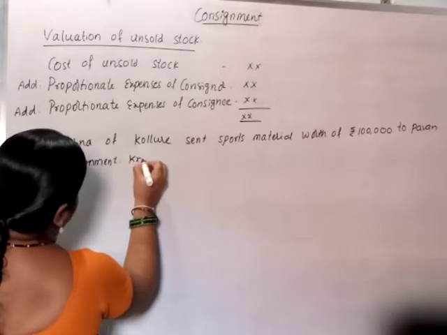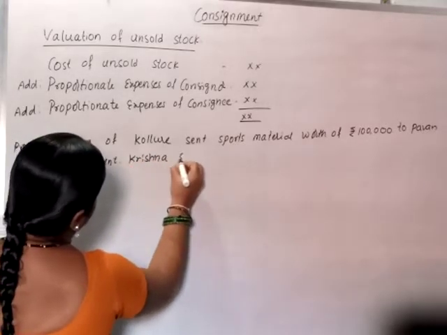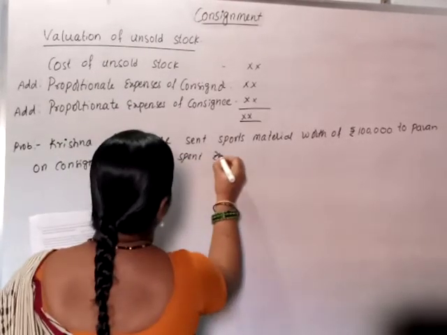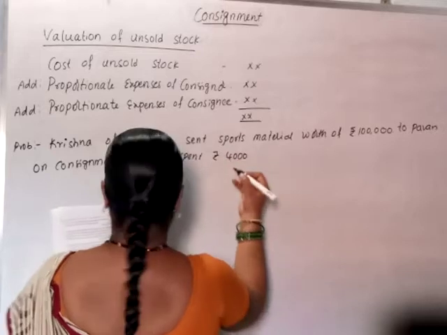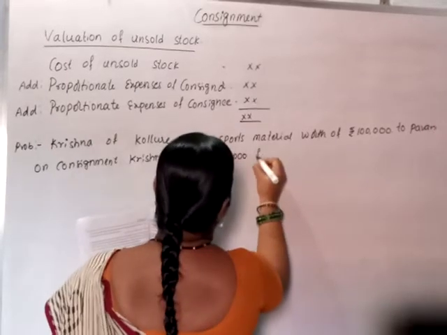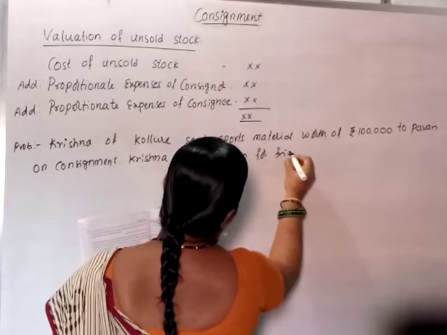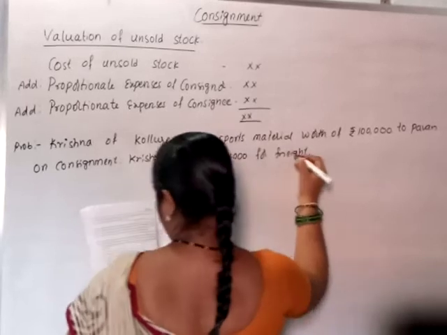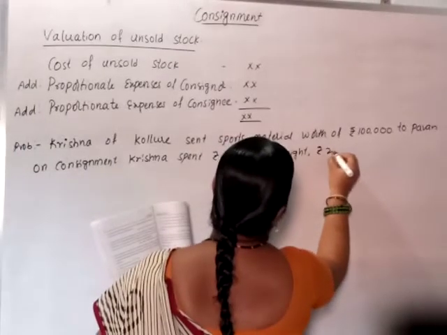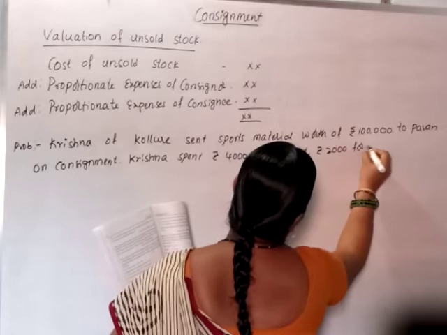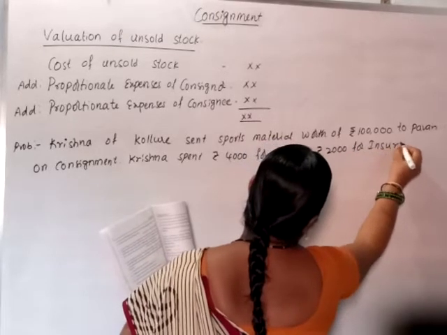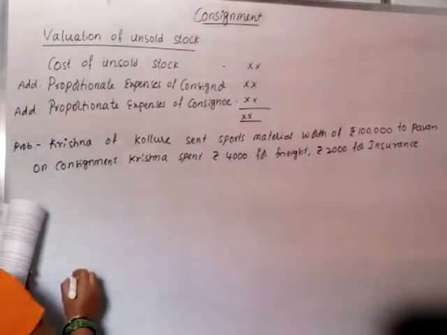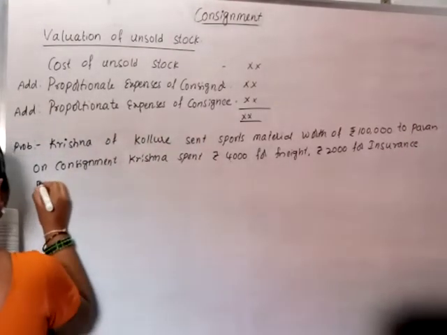Krishna spent rupees 4,000 on freight and rupees 2,000 for insurance.